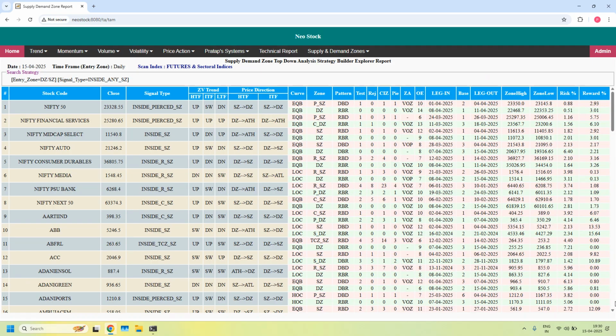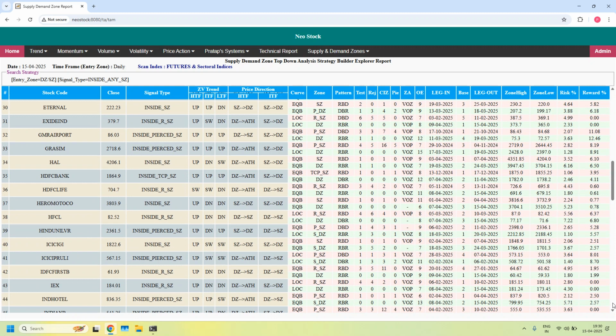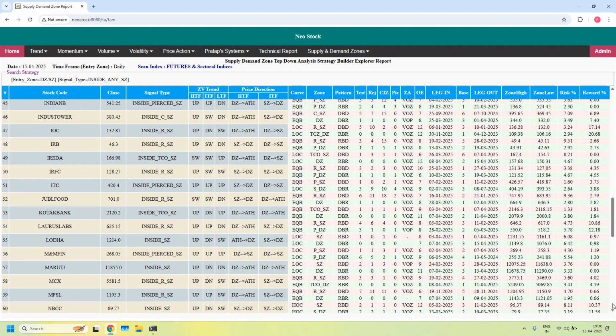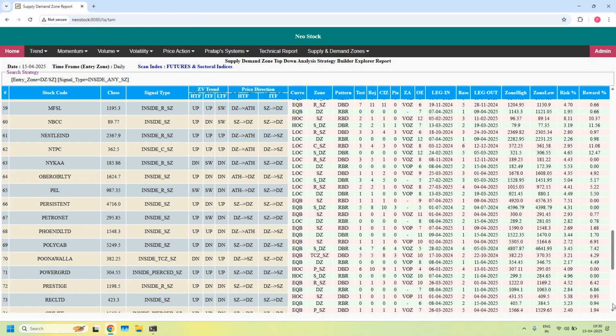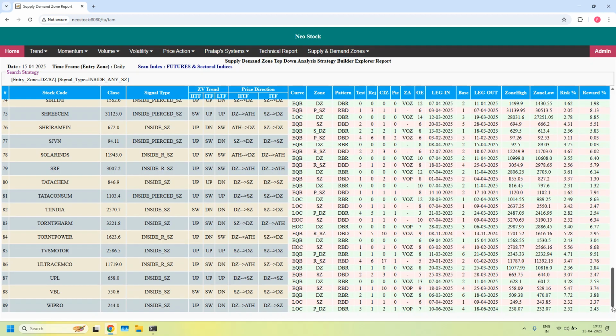Scrolling the list down, so total 89 stocks are filtered.